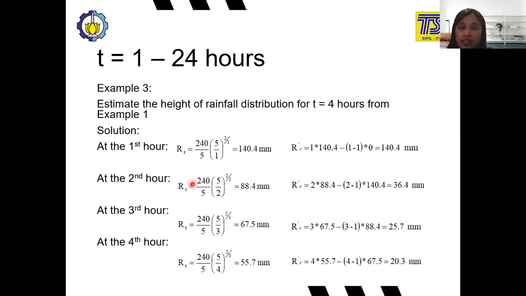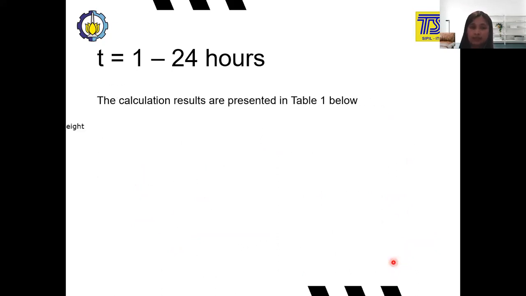But here we can calculate the distribution of the rainfall in 4 hours, from the first hour until the second, third, and fourth hour. As you can see, the rainfall is decreasing near the end because it only happens in 4 hours. So yeah, it will end in 4 hours.